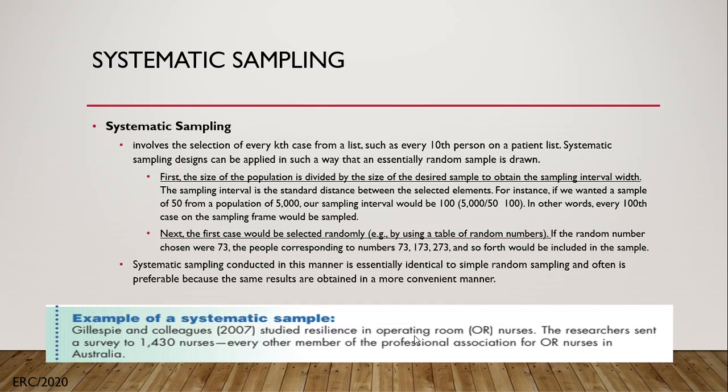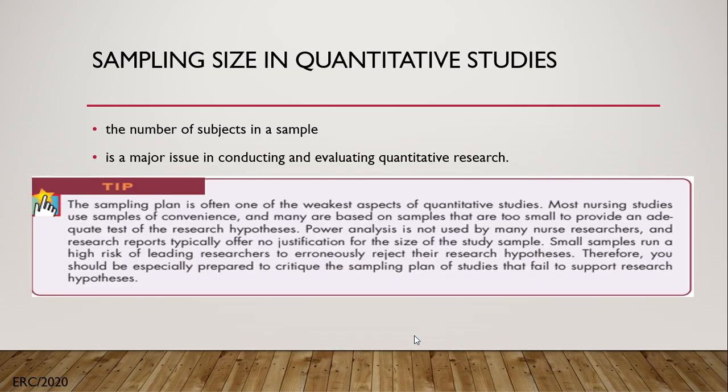An example of this is the Gillespie and colleagues 2007 study of the resilience of operating room nurses. The researchers sent a survey to 1,430 nurses, every other member of the Professional Association for OR nurses in Australia.